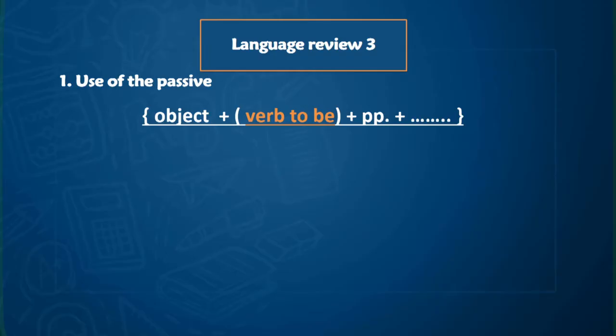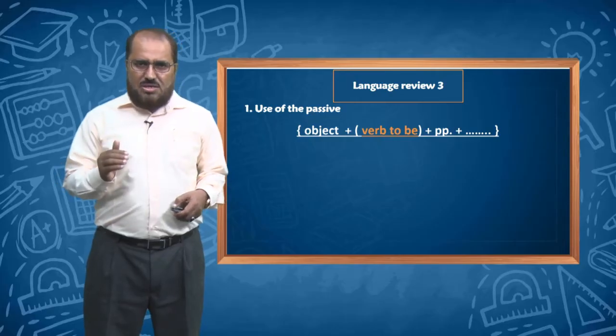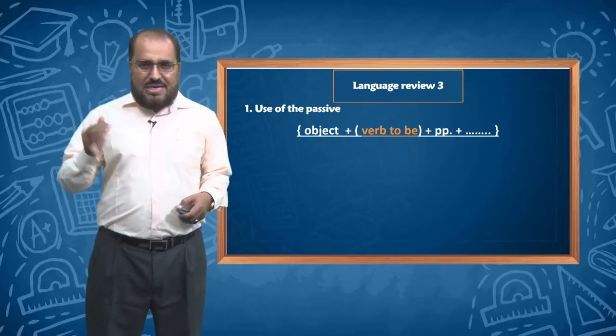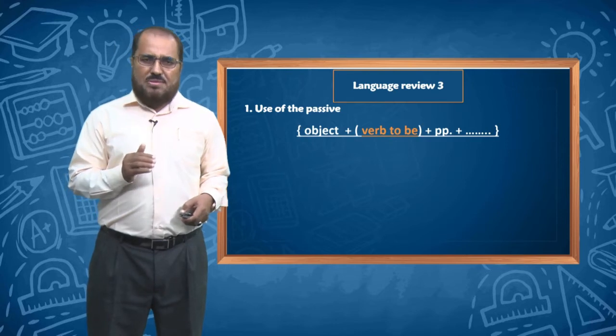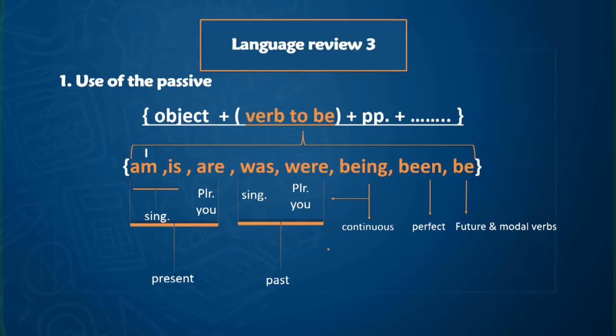As you know, this is the structure of the passive: object, then verb to be, then the past participle. You have to keep this structure and this formation in your mind. The other changes that happen to this formation are that it only changes the verb to be, according to the tense.